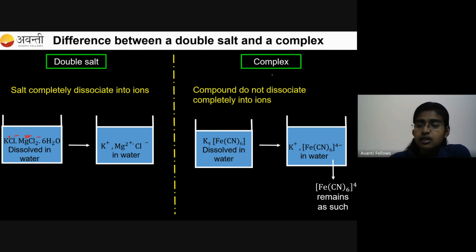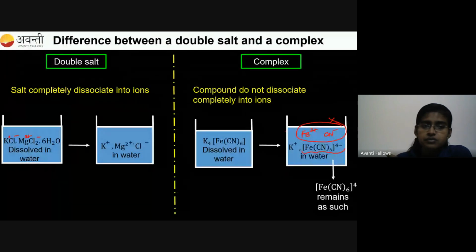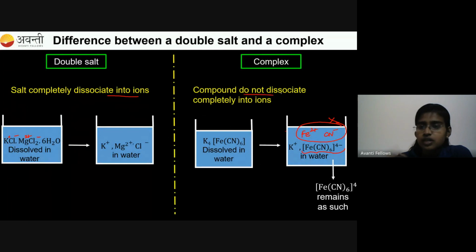But the components present inside the coordination entity do not get dissociated into Fe2+ ion and CN- ion. Such ion dissociation is not observed in the complex. Okay, it remains as such. So this is the main difference: double salts dissociate into ions and complexes do not dissociate into ions.